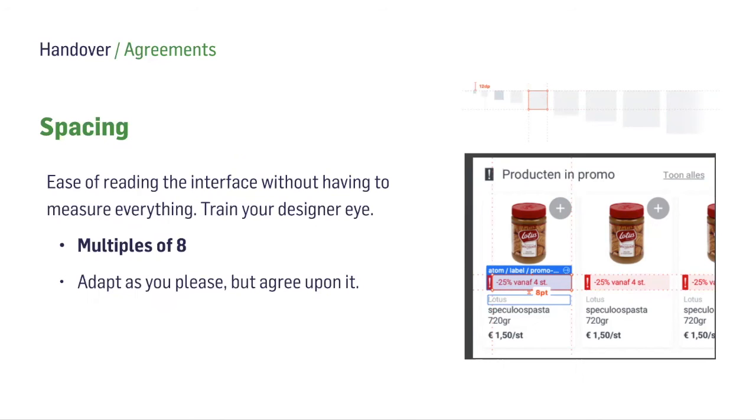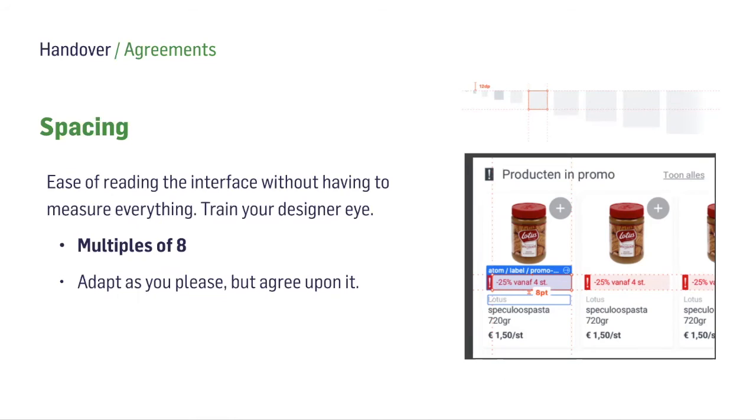So you can introduce new value systems like 4 or 2, but really try to keep them as little as possible. What you want to do here and what your goal eventually is, is that if you mess up a little pixel in your pixel design and it becomes 7, your developers will automatically know it's supposed to be 8, and you have peace of mind because everything is nicely consistent.